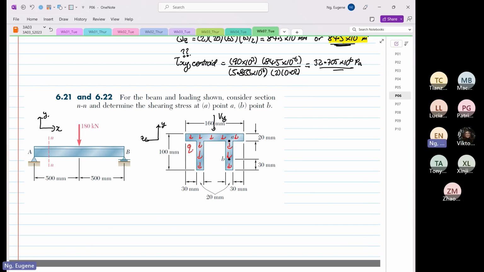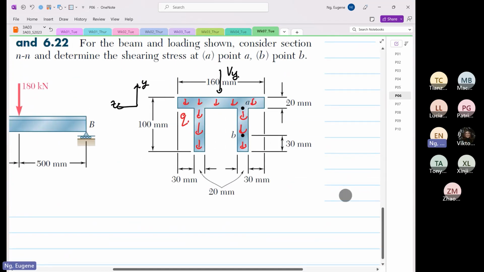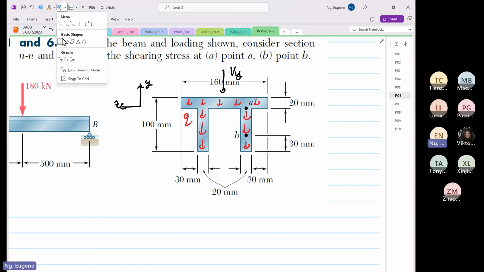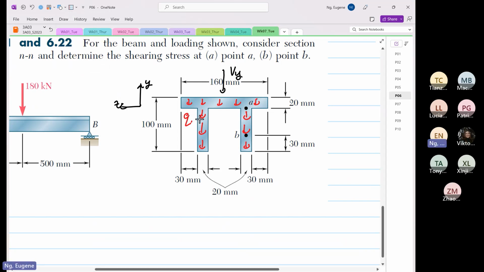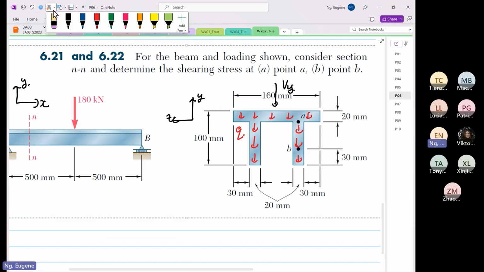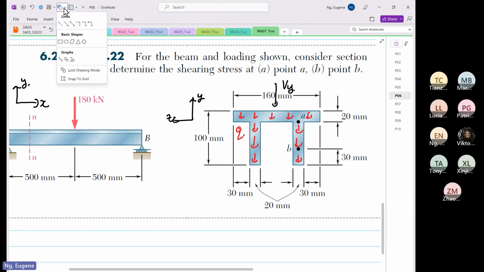So if I were to put an element down here, if I were to zoom in, I have to put an element down here. So this is my element. I will use a different color. So this is our element now.